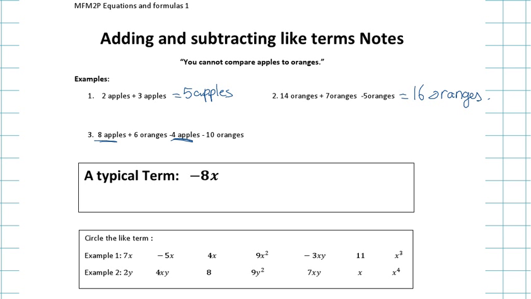I can't add the oranges to the apples, can I? No. So what I have to do here is add the apples together, so that's 8 apples take away 4 apples, so that is 4 apples. And I can add the oranges together, right? Because we're talking about the same fruit here. So that's going to be 6 oranges minus 10 oranges, so that is negative 4 oranges.